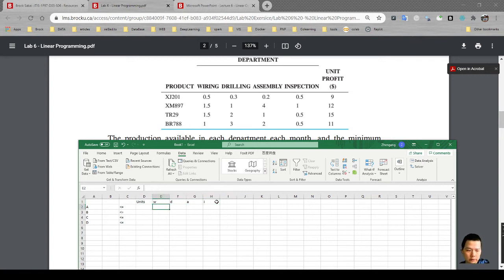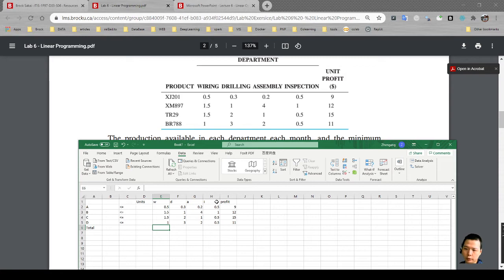Let's put numbers here. So profit, and we have total here, right? And total here.